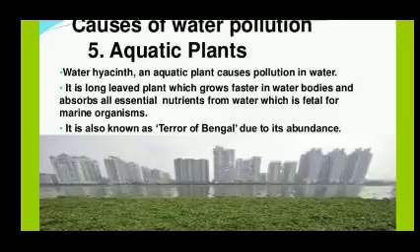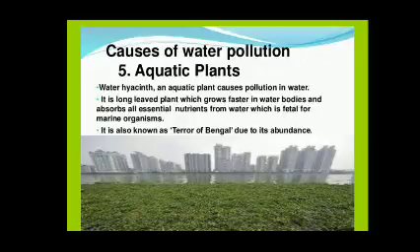It is a long-lived plant which grows faster in water bodies and absorbs all essential nutrients from water, which is vital for marine organisms. It is also known as the Terror of Bengal due to its abundance.